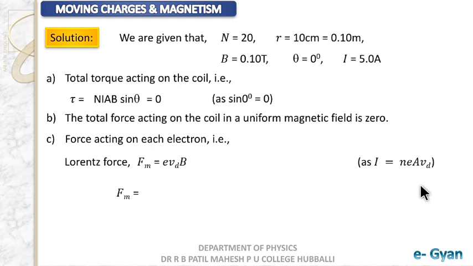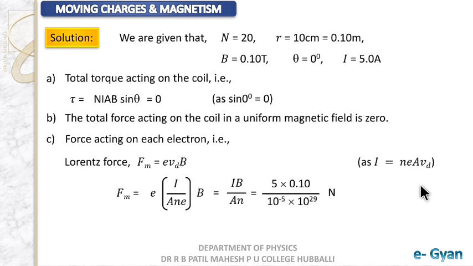So we get an expression F_m = e (I / (A n e)) B. Simplifying ahead, we have the expression F_m = IB / (An). Substituting the values, we get the answer for the force to be F_m = 5 × 10^-25 Newton.